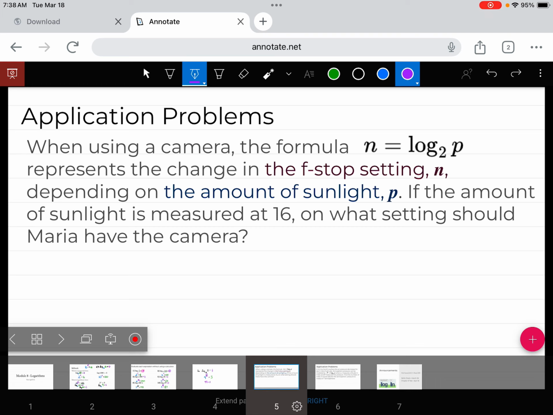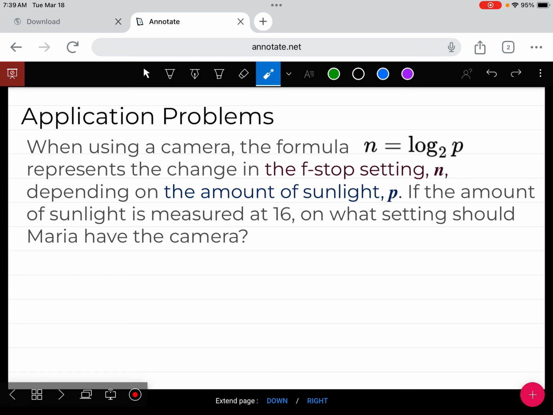So the setting N depends on the amount of sunlight P in this formula here. So N equals log base 2 of P. They say the sunlight is measured at 16. Which variable is that going in for? So we've got something is 16. Which piece of our equation is going to be 16?